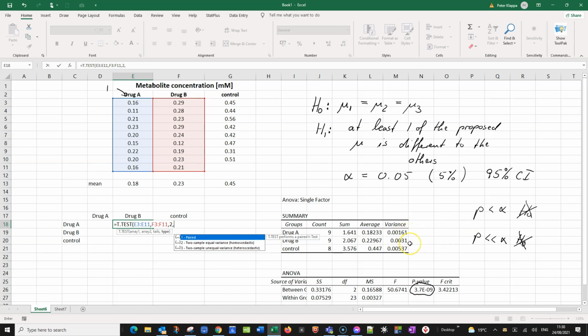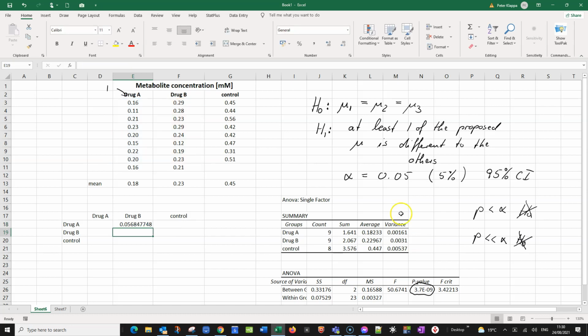We know that we have unequal variances, so that would be 3. And for the specialists, this is a Welch test. So we close that. So we have a p-value of 0.056. Let's not worry too much about the p-value at the moment, because there is a twist to that.